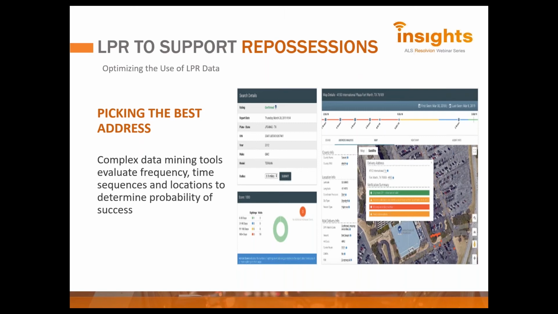And with so much data available, and data mining tools and algorithms to interpret that data, addresses can be scored as to their likelihood of success, and that information can be invaluable to your agent in helping them prioritize their activity.